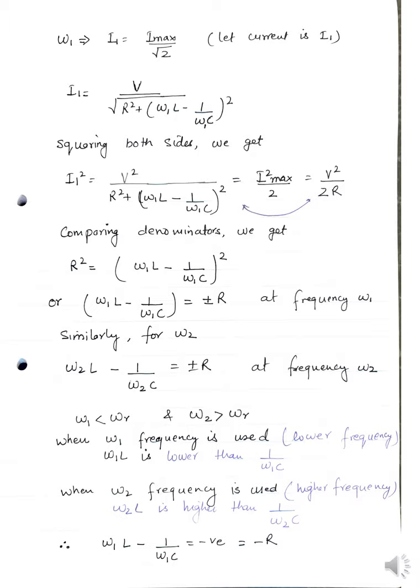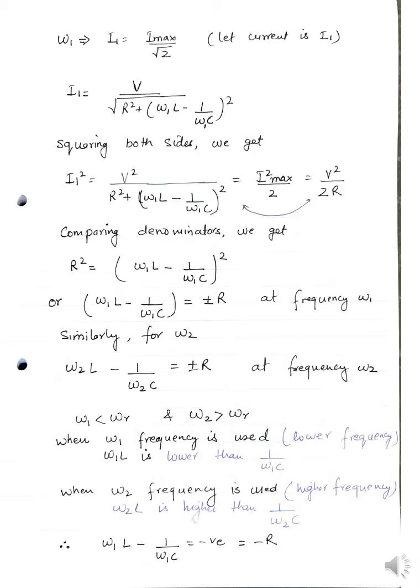Now from the figure you can see that omega 1 is less than omega r and omega 2 is greater than omega r. So we can say that omega 1 is the lower frequency, and then omega 1L is lower than 1 upon omega 1C. So we can say this is lower than this. Why?